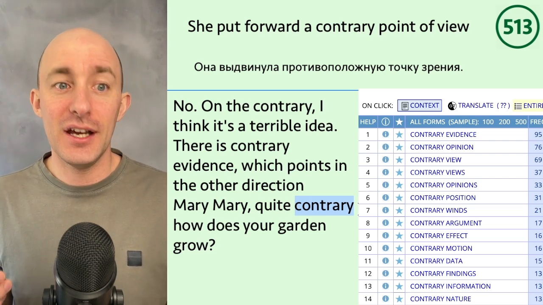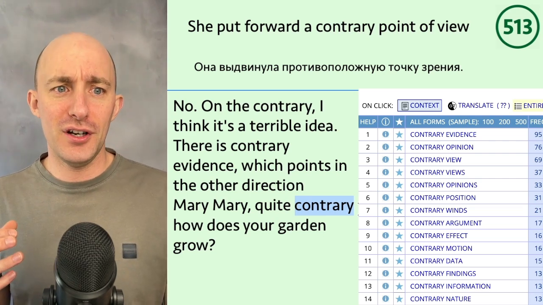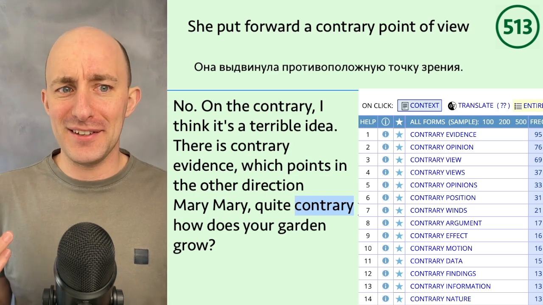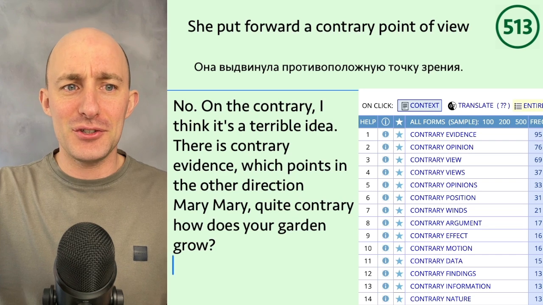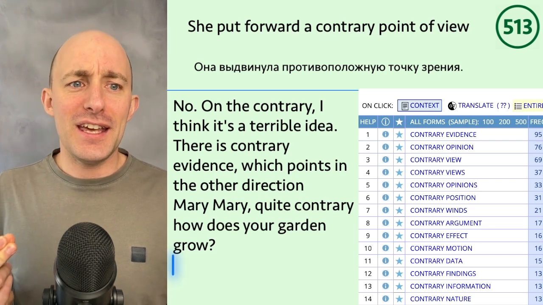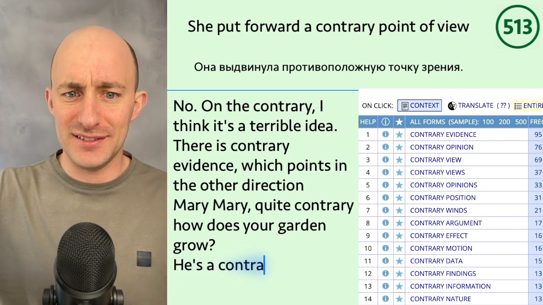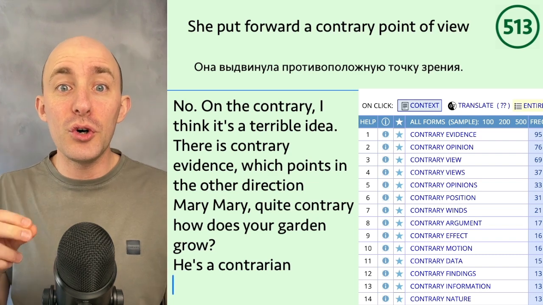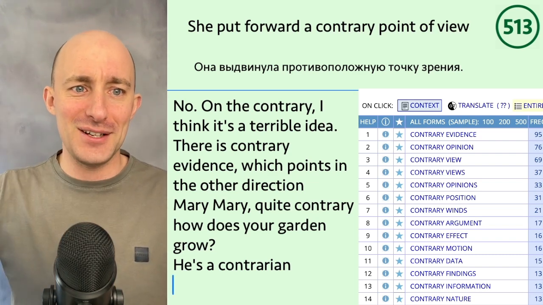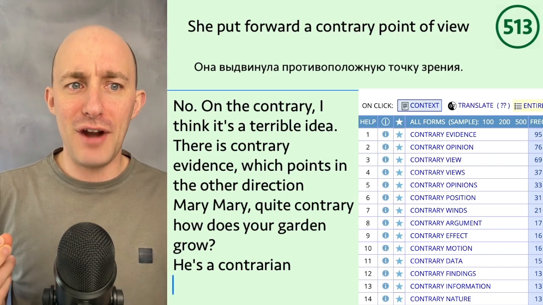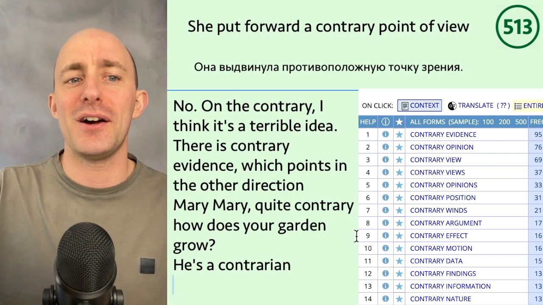It's quite old-fashioned, but it's used for somebody who's a bit weird, a bit strange, who's not like everybody else. And you can also say, he's a contrarian, which is somebody who always takes opposite opinions to everybody else. So contrary and contrarian, also a word worth knowing.